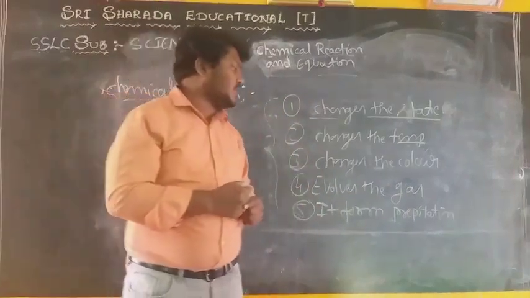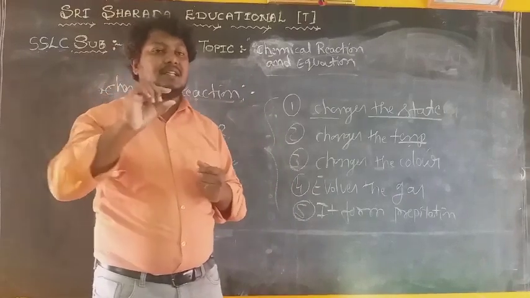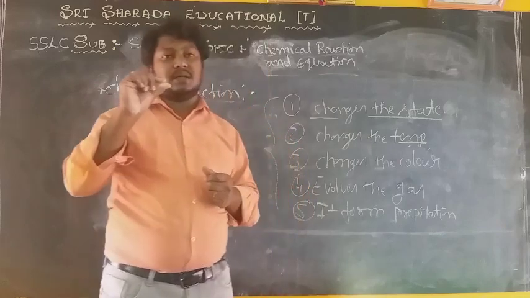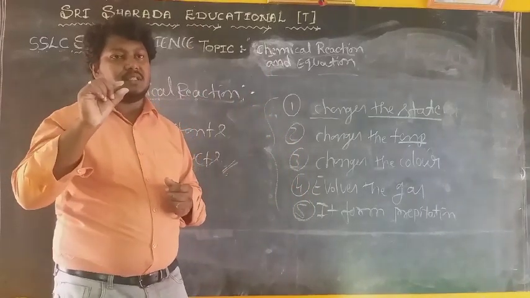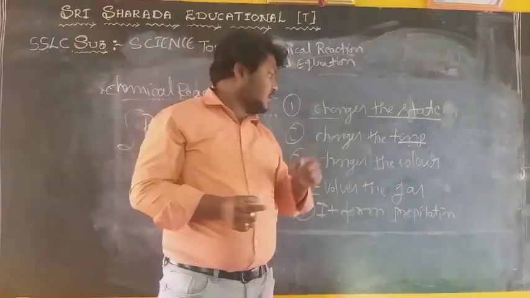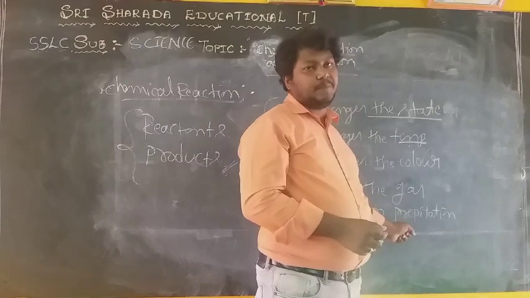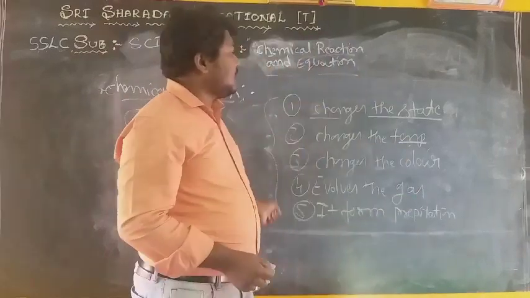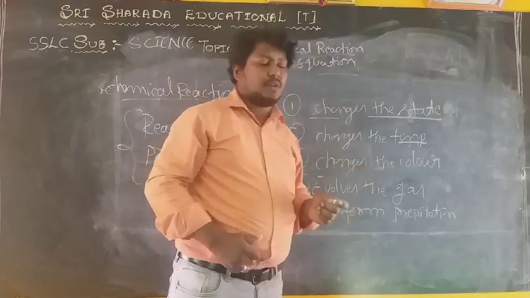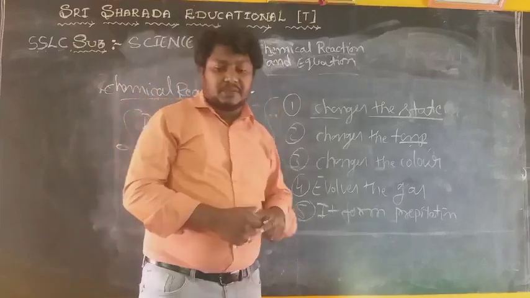Here, precipitation means it is not completely liquid and not completely solid, just like paint, which is not completely liquid or solid. Such substances are called a precipitation. Okay, so these are some causes of the chemical reaction. So let us discuss chemical equations.